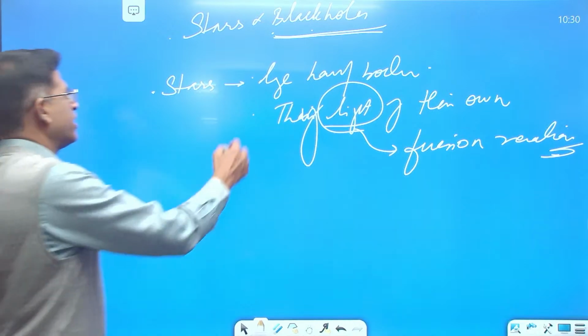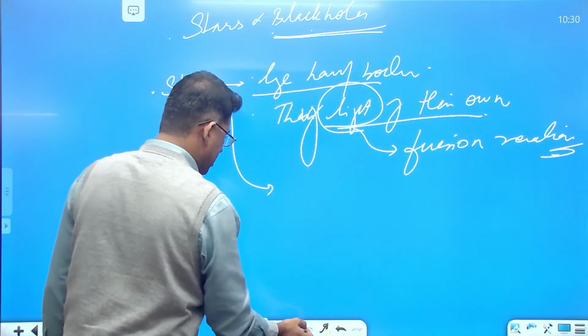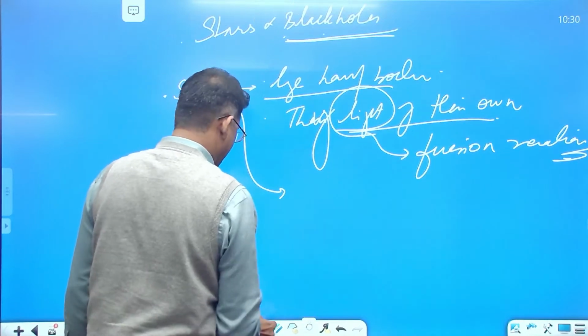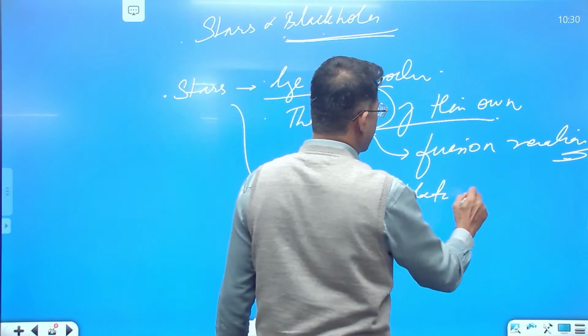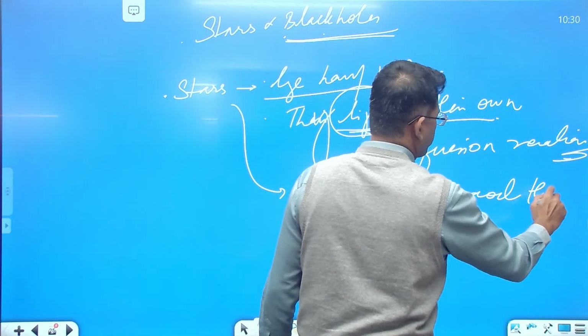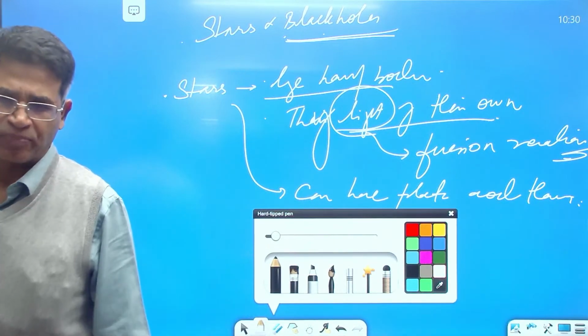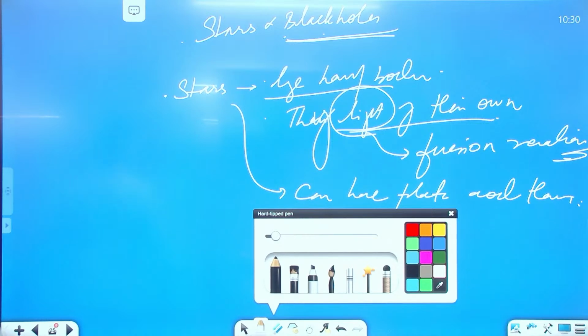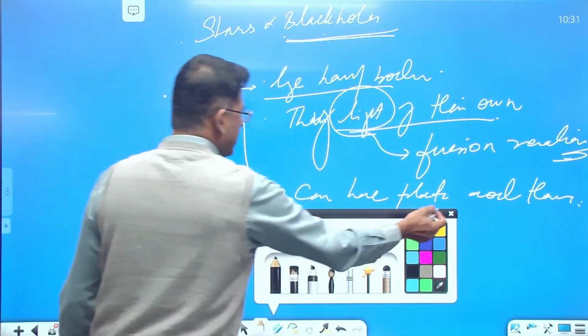Stars are large bodies. They have light of their own, and stars can have planets around them. But not all stars have planets. Okay, if they have planets, they become a part of, or they are one solar system. Okay, so remember that much.